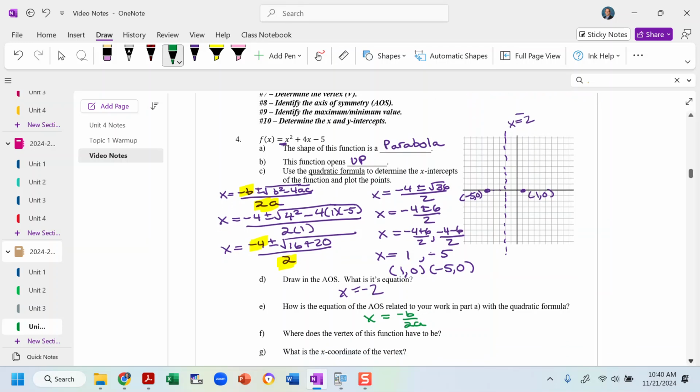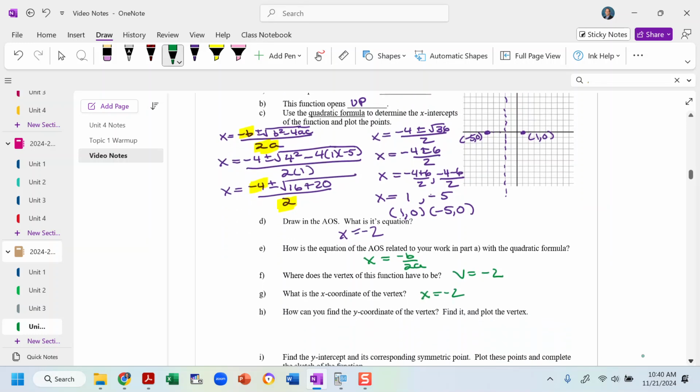So that means the vertex of the function also has to be at negative 2. Right? So the x-coordinate of the vertex is negative 2.